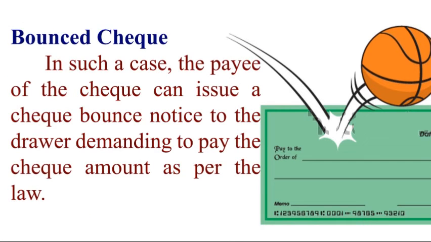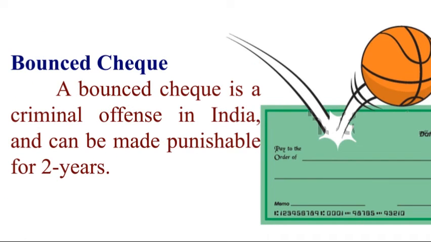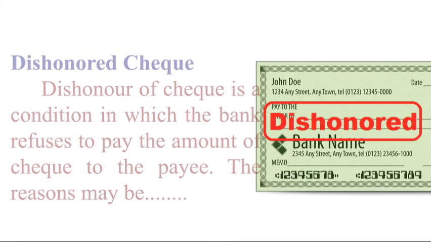In such case, the payee of the check can issue a check bounce notice to the drawer demanding to pay the check amount as per the law. A bounce check is a criminal offense in India and can be made punishable for 2 years.